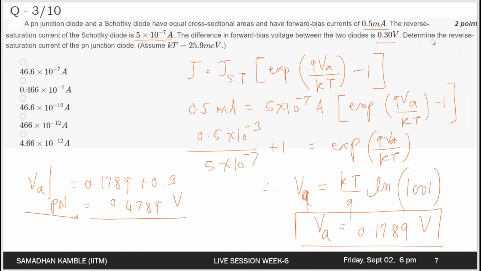Now we can determine the reverse saturation current for the PN junction diode. Let me use this equation and solve for the reverse saturation current for the PN junction.